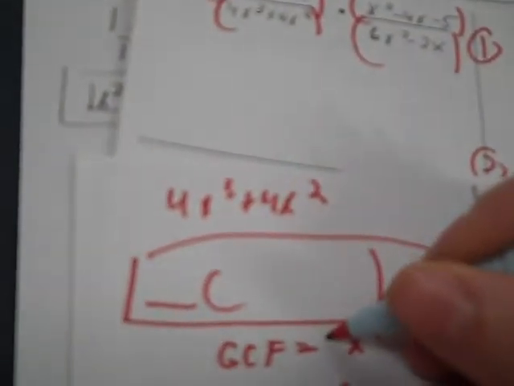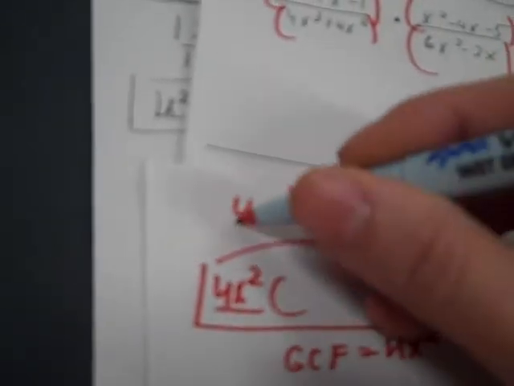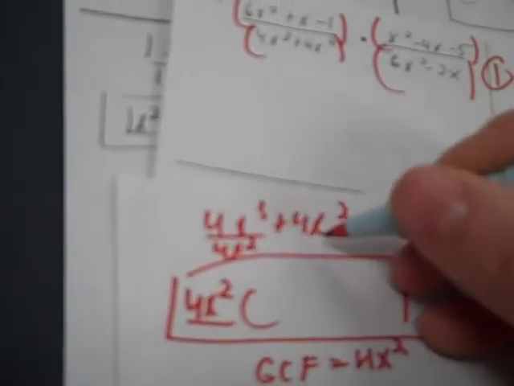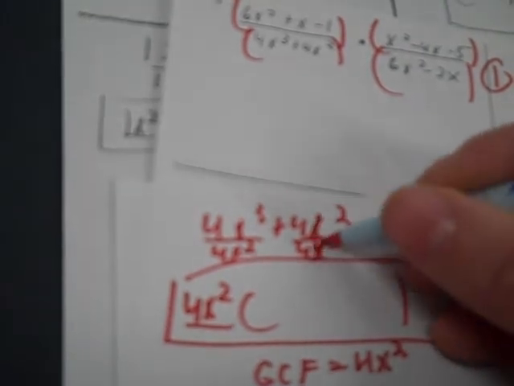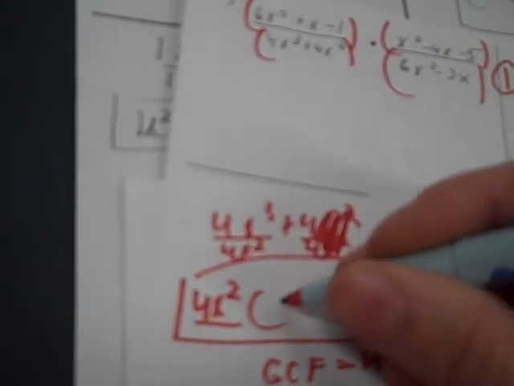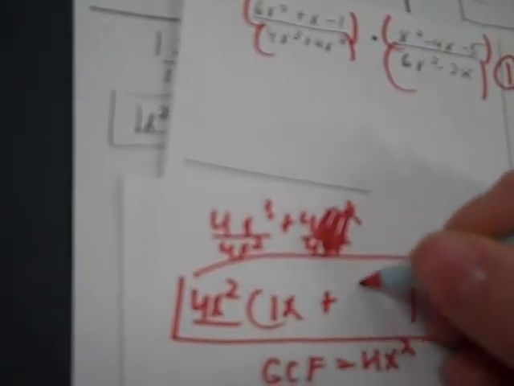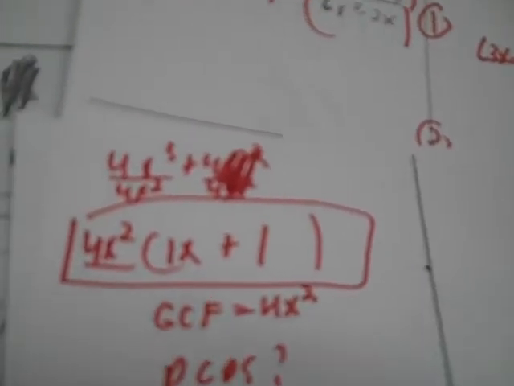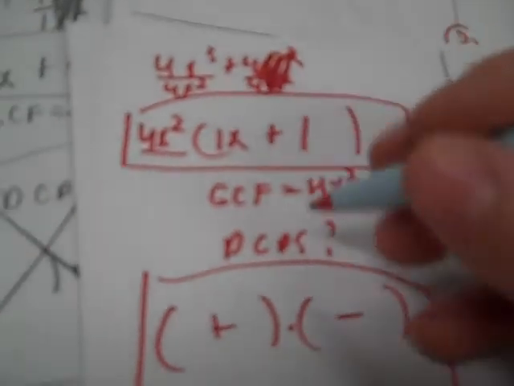If they're the same number, the GCF is that number. So 4x squared, and then divide by 4x squared. These cancel, and now that gives me 1x plus 1. I don't even have a minus, so don't do the DOPS. So we need to rewrite that expression as 4x to the second times 1x plus 1.